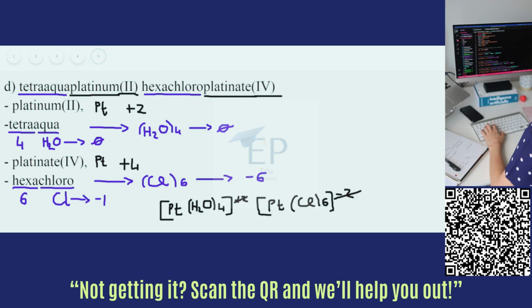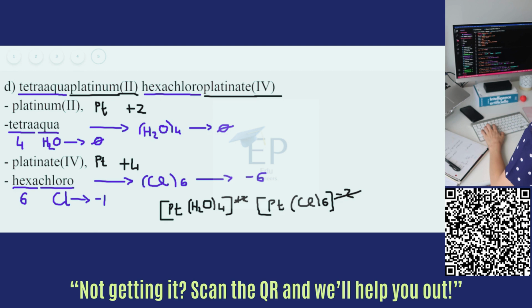Since we have 2 metals with 2 different ligands, we separate them in 2 different brackets. So let's start with the first one, platinum, together with the corresponding ligands, the water ligands, 4 times. With a total charge of +2, because we said the water has no charge, while the platinum has charge +2.